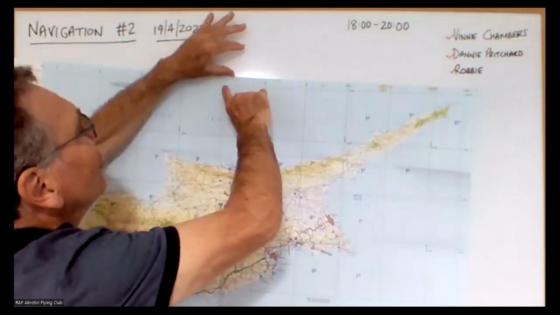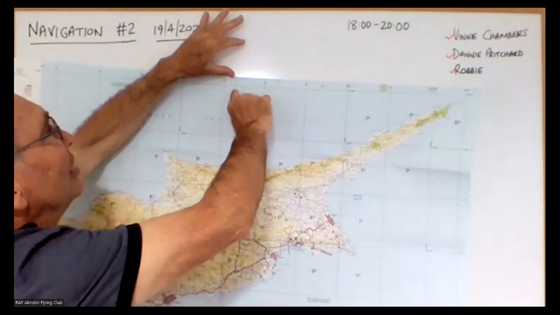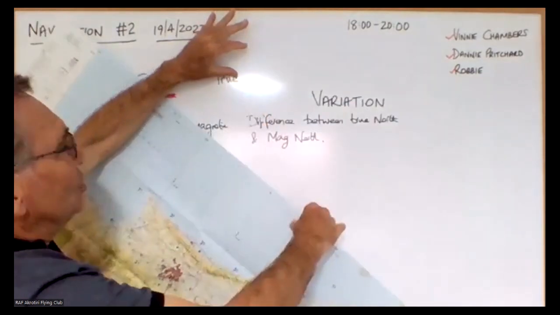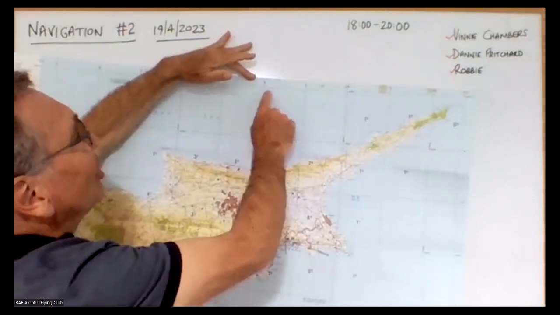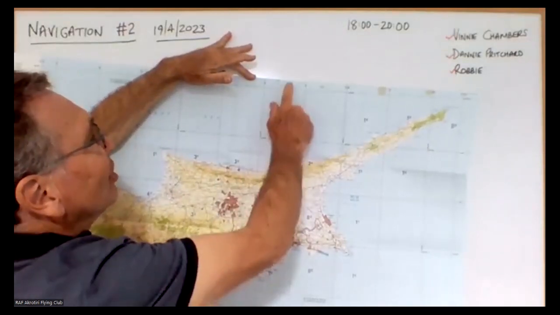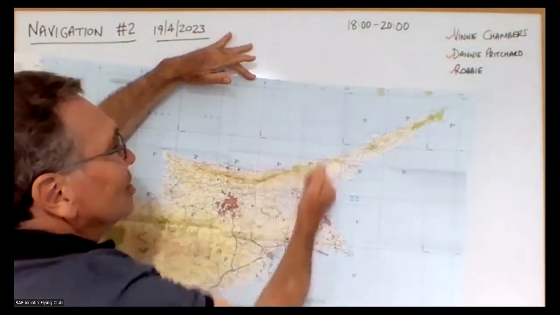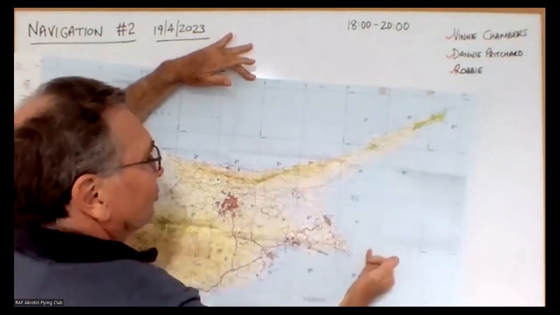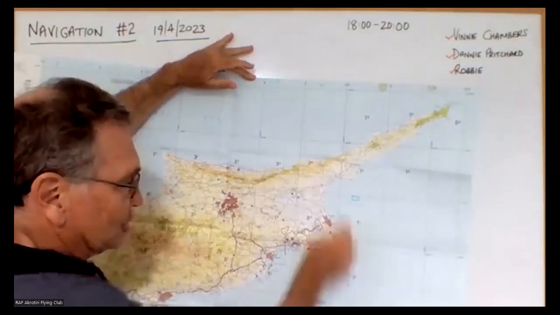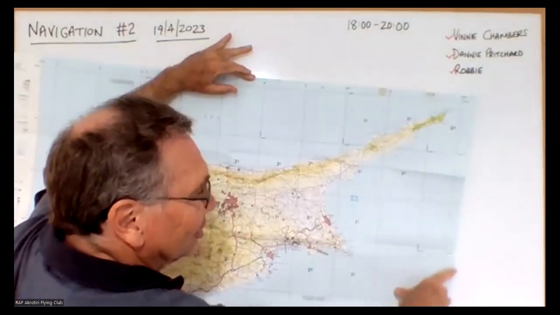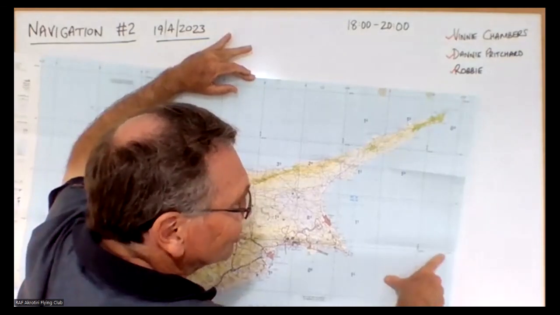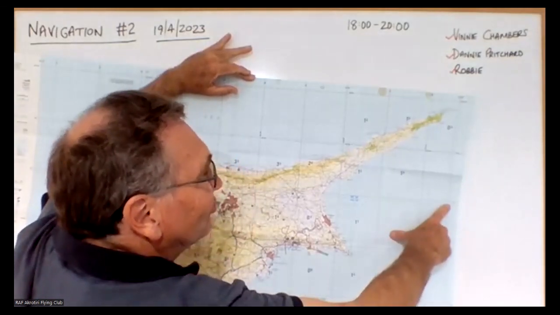Sorry, 15. 20, 25, 30, 35, 40, 45. And then going up this way, you can see that it's going 45 minutes, and it gets 35, 35, 15.